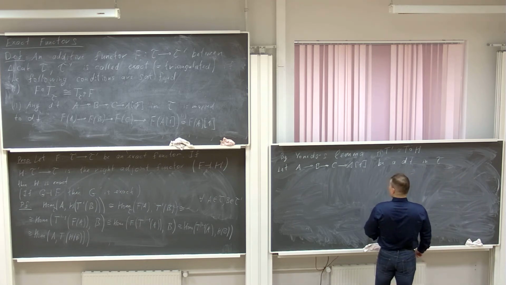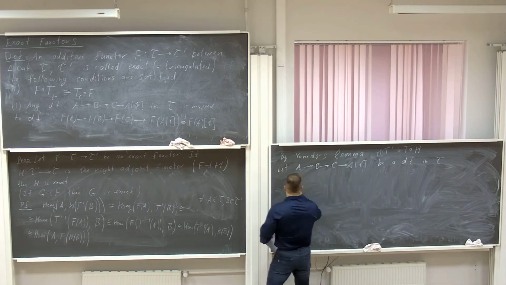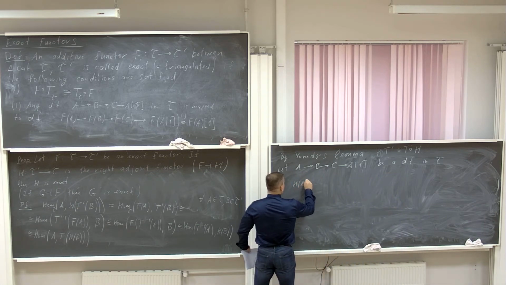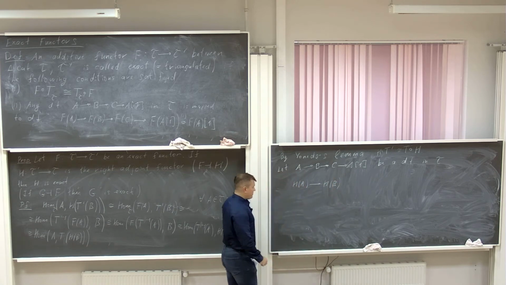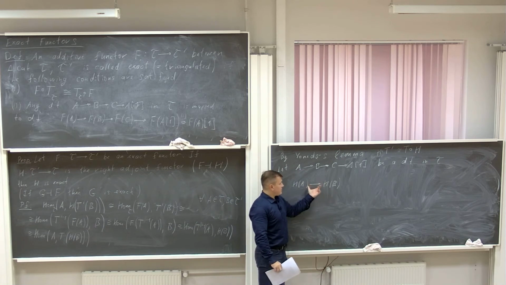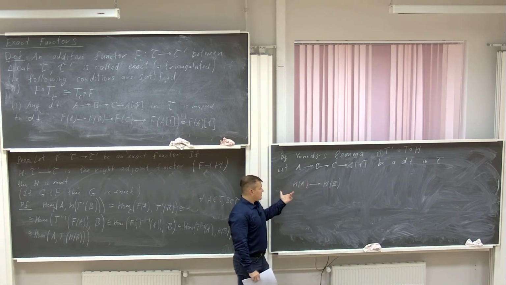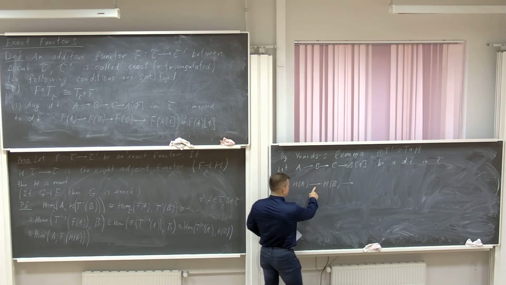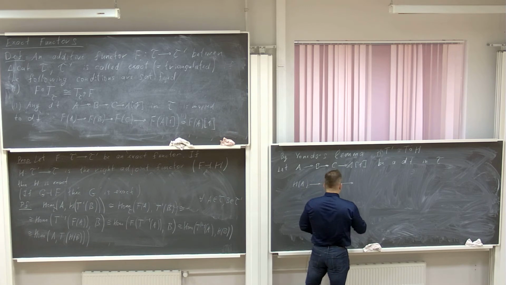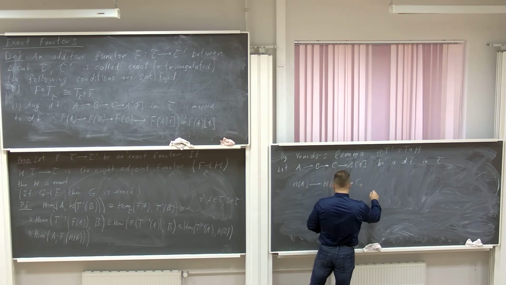If I try to apply H to this distinguished triangle, at least I'll get something like this. I can apply H to A and get something, H to B and get something, and there is a map. I cannot claim that I immediately get a distinguished triangle, but at least I can write that there is a completion of this map. So I can complete this and get a distinguished triangle with C0.